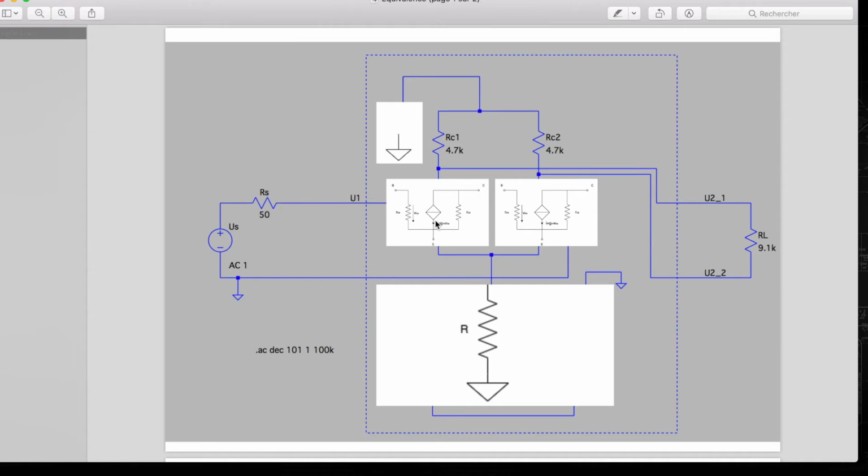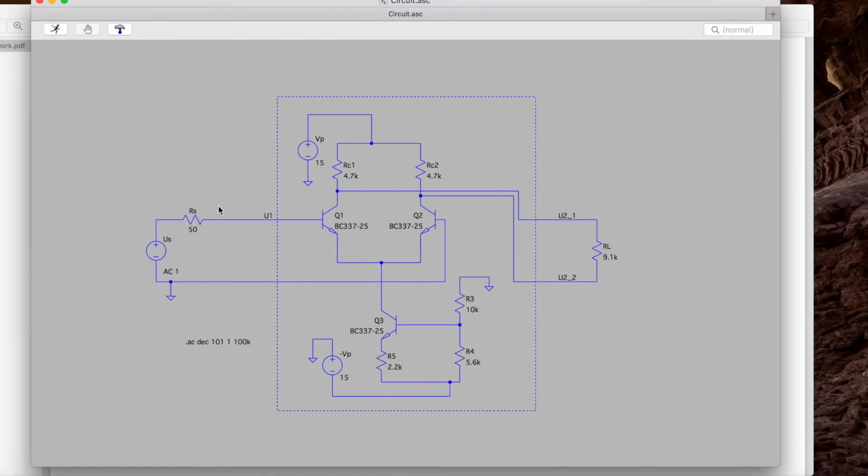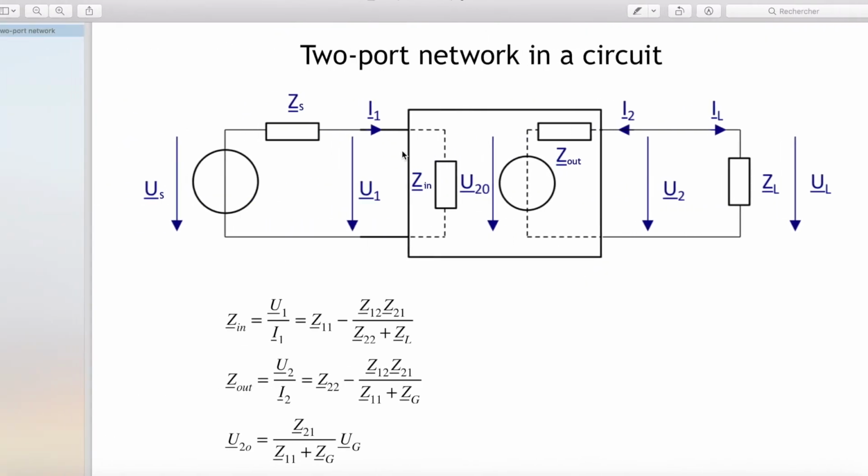Thus, the conclusion is that this two-port network is a sinusoidal and a linear circuit. And as this two-port network is in a circuit like this, so with on the left a sinusoidal source and on the right a load, we can represent this two-port network like this.